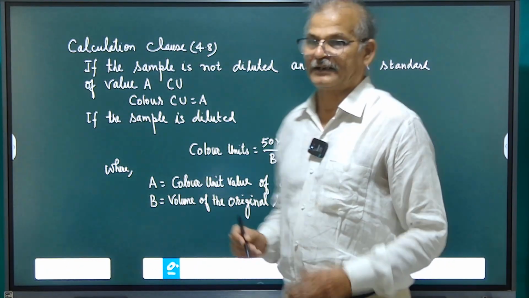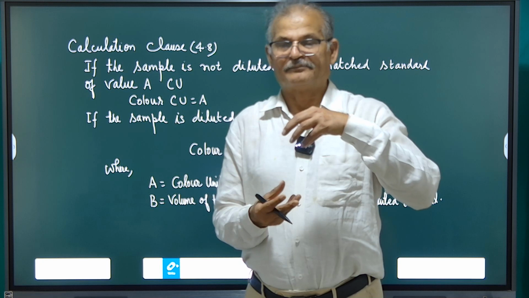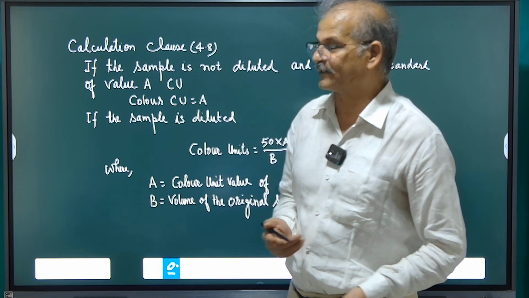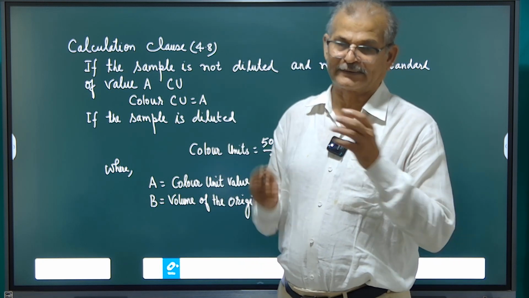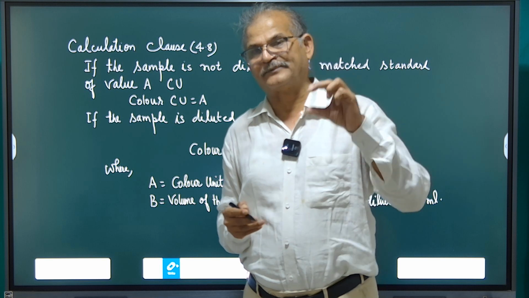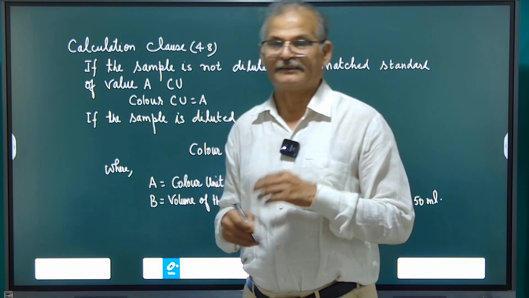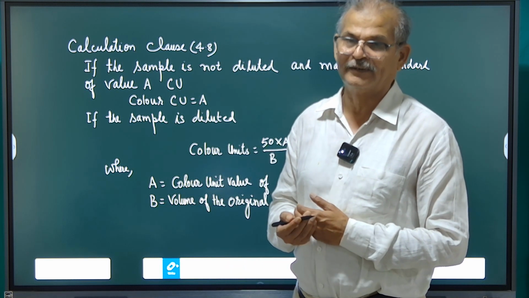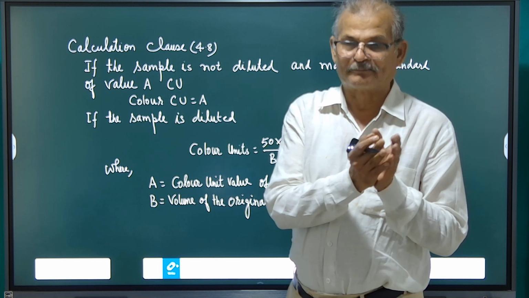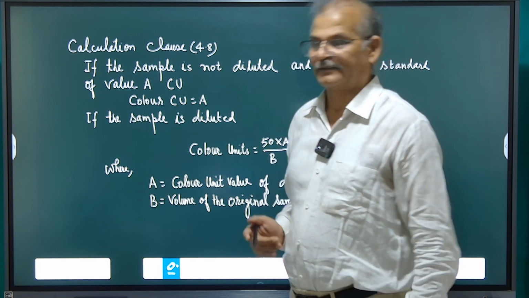If we find that our sample has more than 100 color units, we dilute it with a certain volume of distilled water and we record it. Then we find out the color unit of the sample that we received from the field.